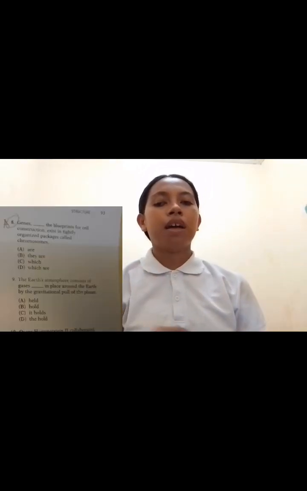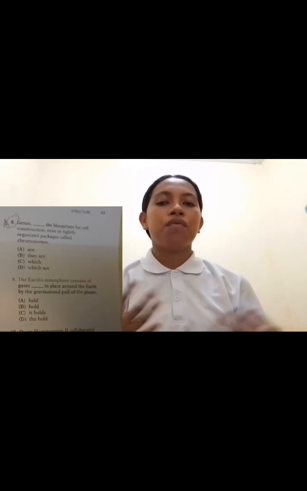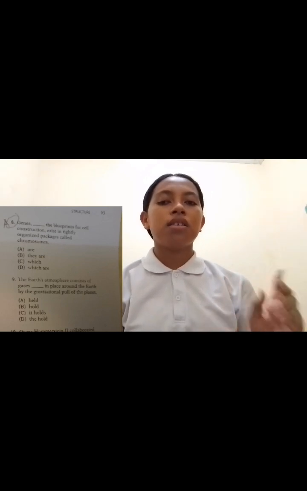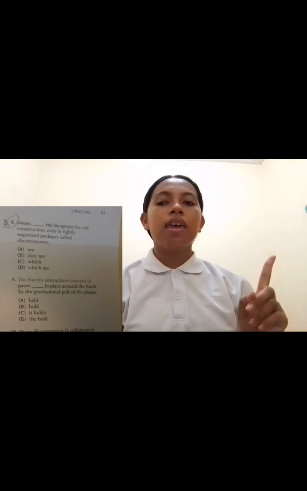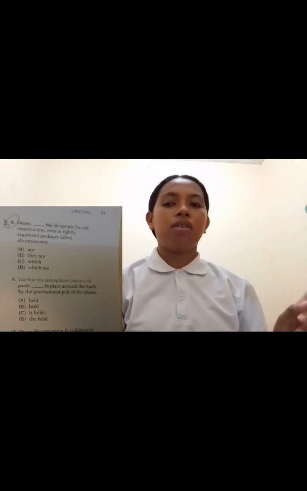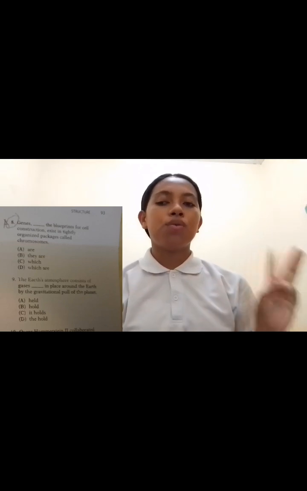Genes, the blueprints for cell construction, exist in tightly organized packages called chromosomes. Option A, are. Option B, they are. Option C, which. Option D, which are.